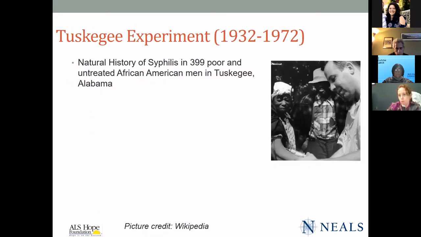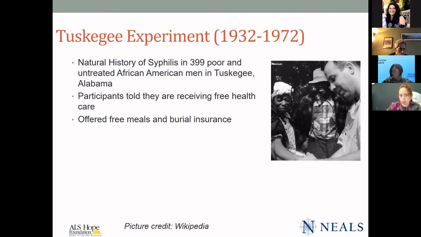And so that brings me to the next slide, where some of you also know about this chapter in American history, where a small city in Alabama, I think it's a town, Tuskegee, was chosen for a natural history study of syphilis in about 400 poor and untreated African American men.